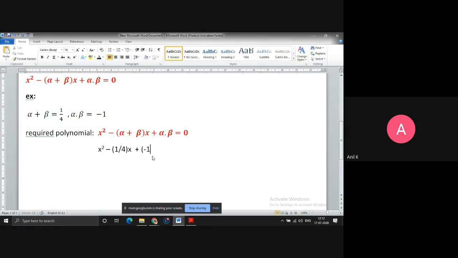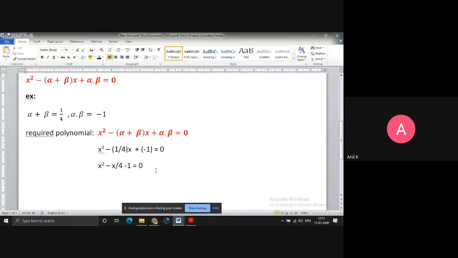So it will be minus 1 equals 0. For further simplification, x square stays as it is: x square minus x upon 4 minus 1 equals 0.